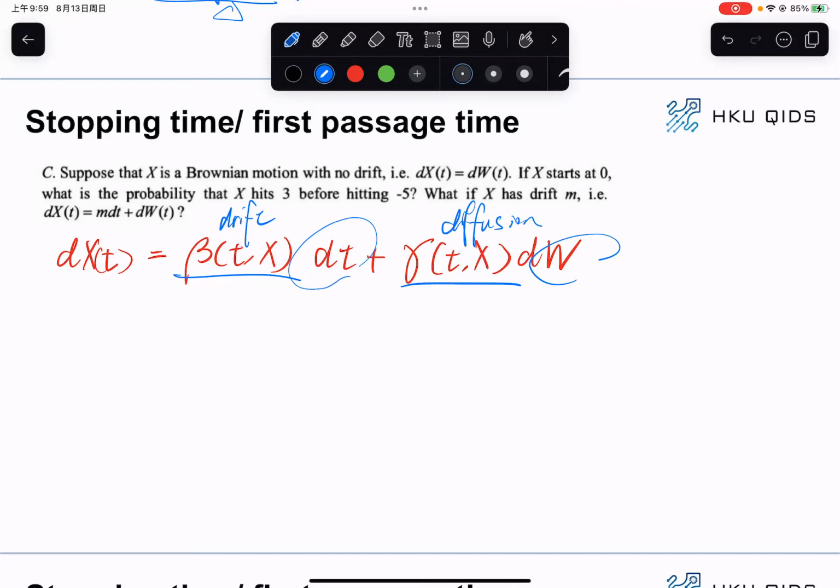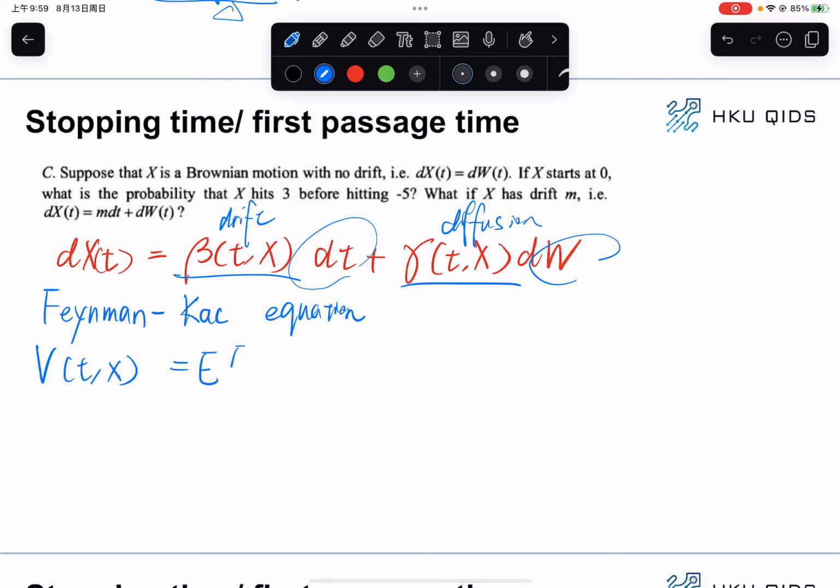And we can actually have an equation which is called the Feynman-Kac equation, where if we denote v(t,x), which is just some function of t and x, this is going to be the expected value of a function f(x_T), which is just any function of x related to its stopping time, conditional on x_t equal to x. Then we are going to say this v(t,x) is a martingale process.